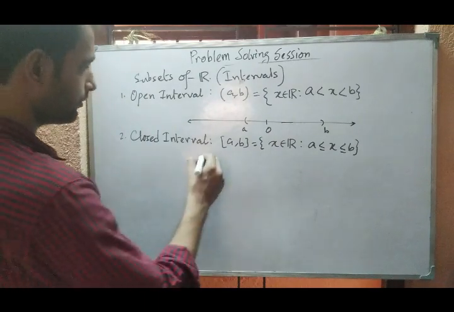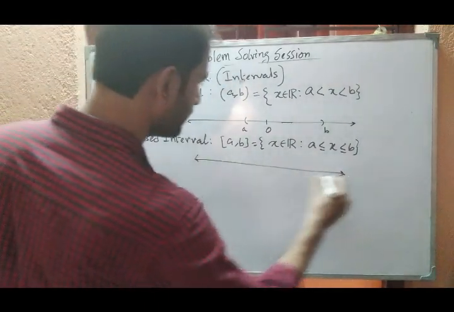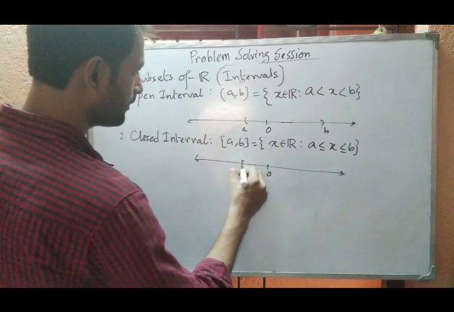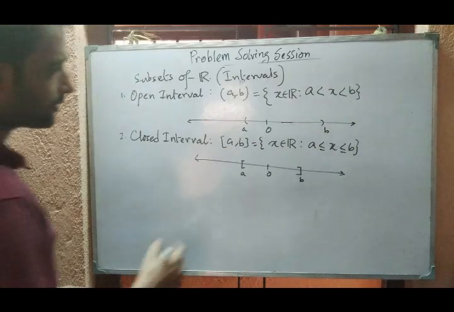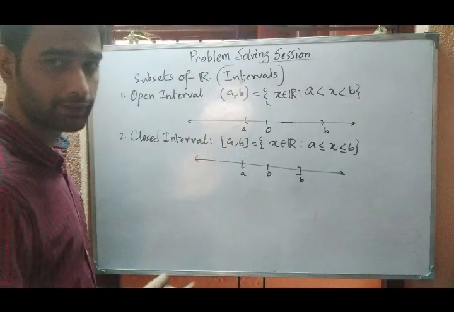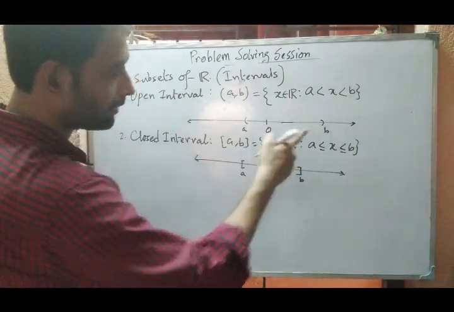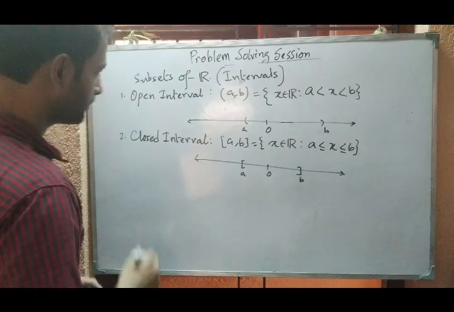So in the real line again you will see it something like this, meaning a and b are also included in the set, and here a and b are excluded from the set.